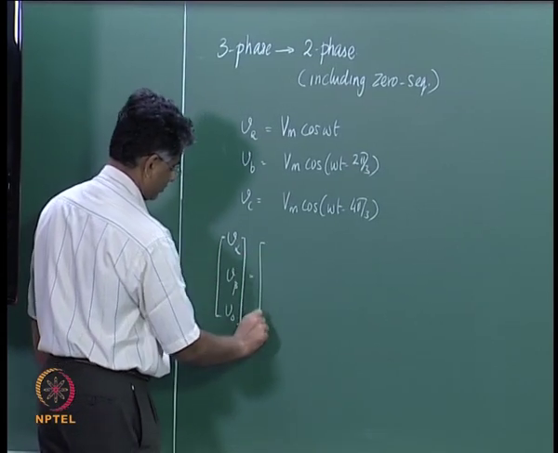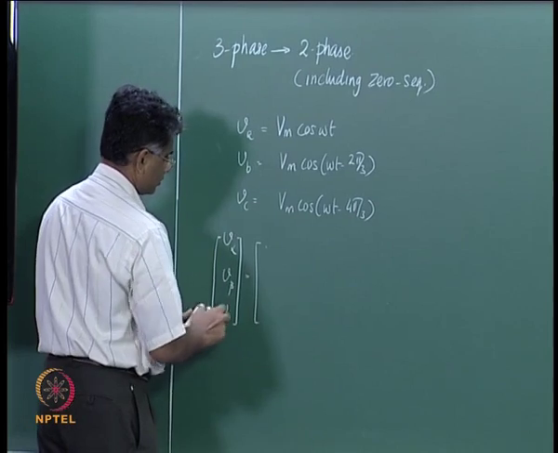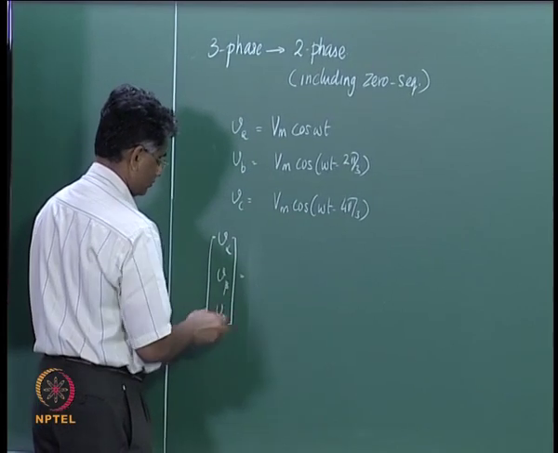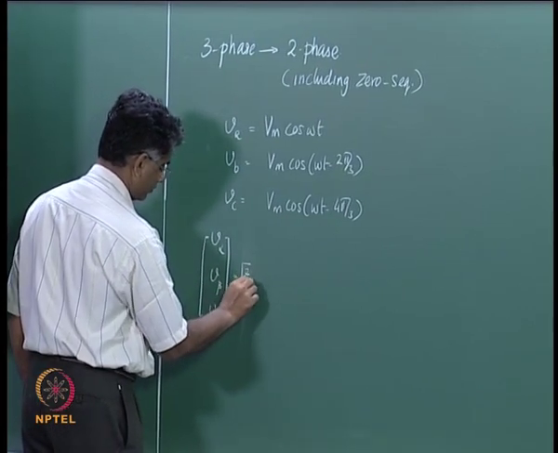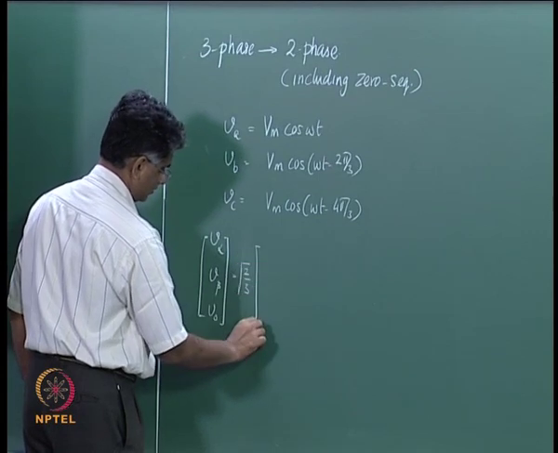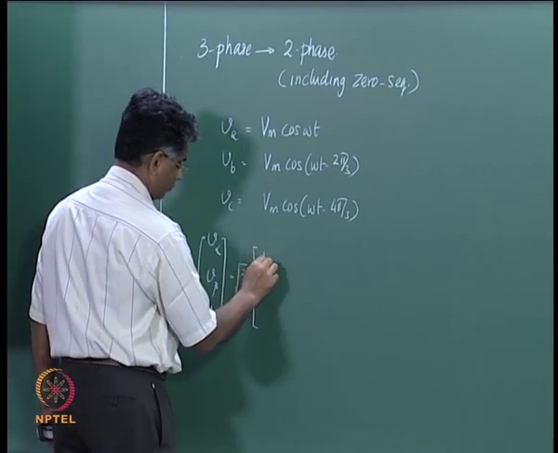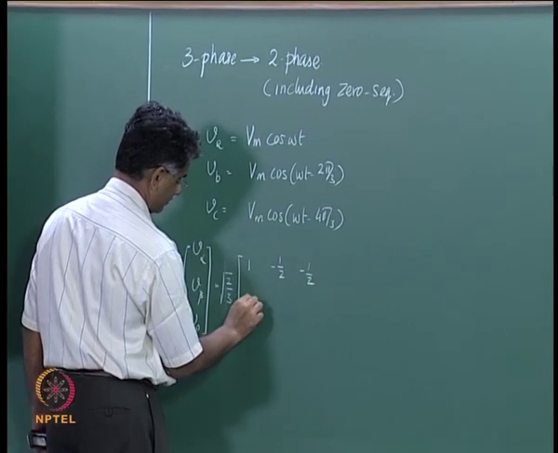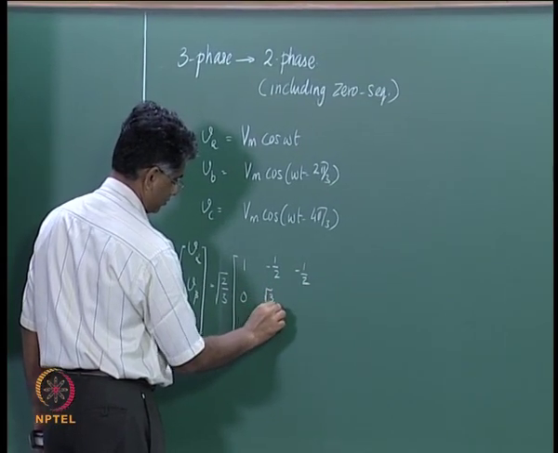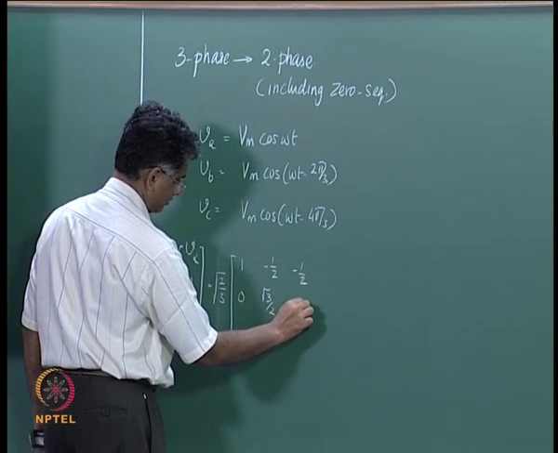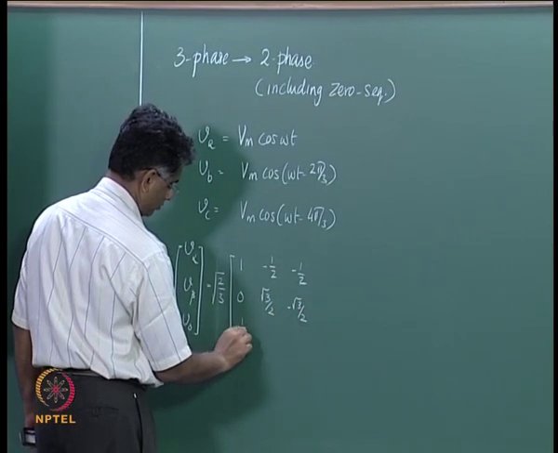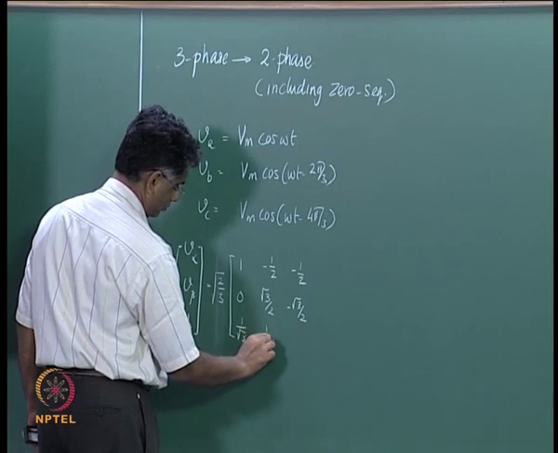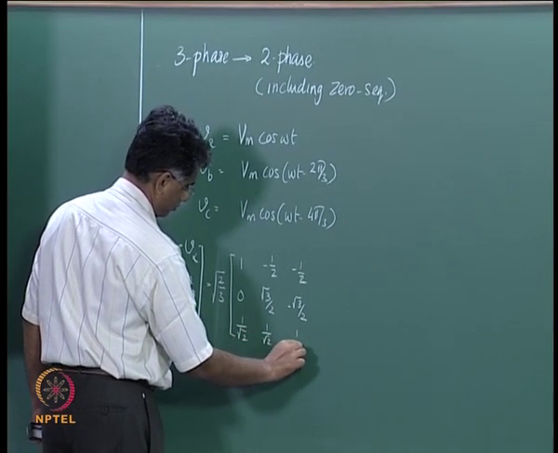This is equal to square root of 2 by 3 times the matrix: 1, minus half, minus half; 0, root 3 by 2, minus root 3 by 2; 1 over root 2, 1 over root 2 and 1 over root 2.